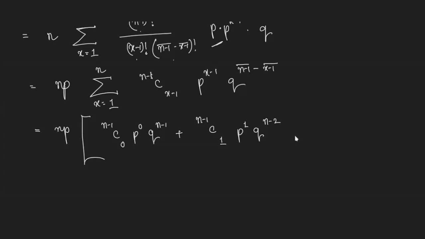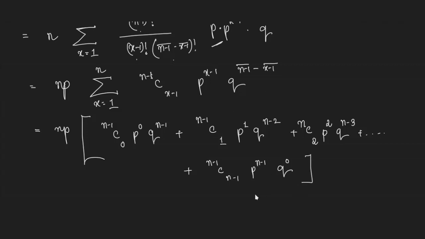Then the next term is n minus 1 C 2 p to the power 2 q to the power n minus 3, and at last, when x is n, I will get n minus 1 C n minus 1 p to the power n minus 1 q to the power 0, because n minus 1 is the last value.